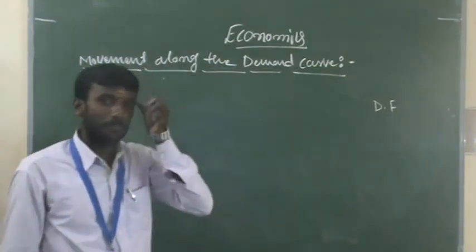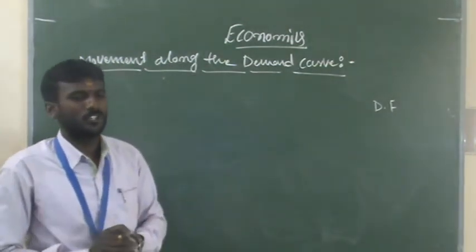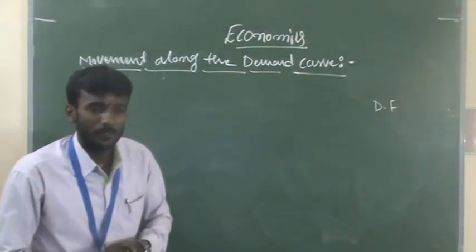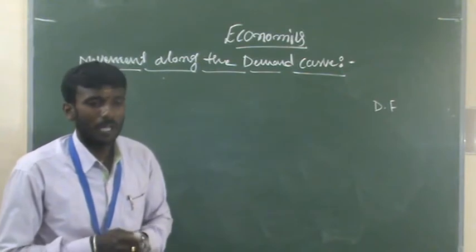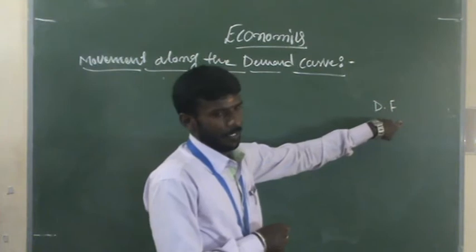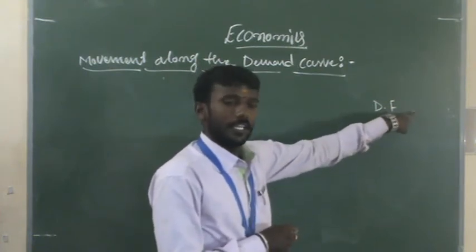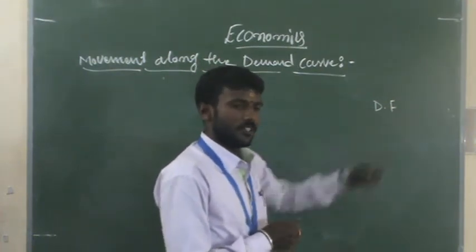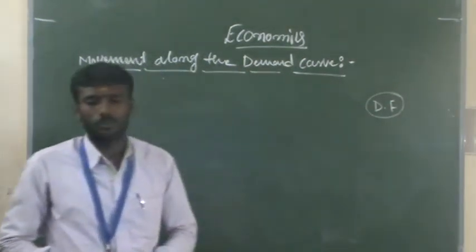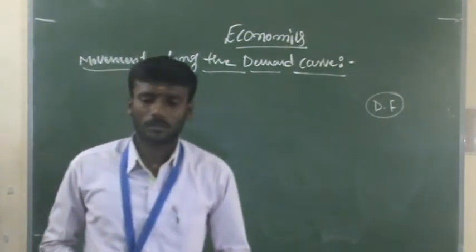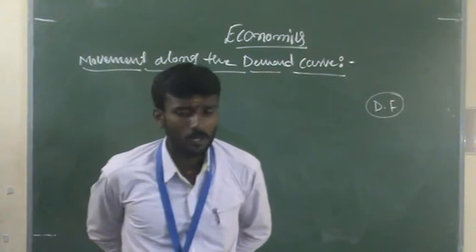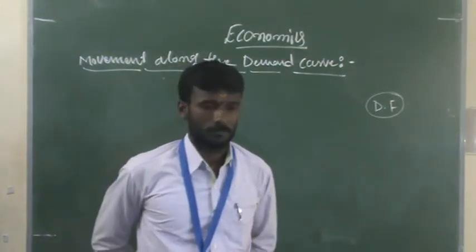See, once again I repeat, the demand function shows the relationship between the price of the good and the quantity demanded. This relationship between the price of the good and the demand for the good is what we call the demand function. Now this is a graphical representation.